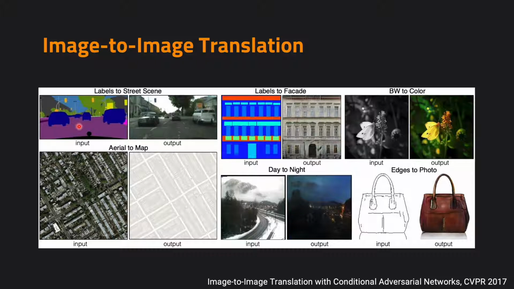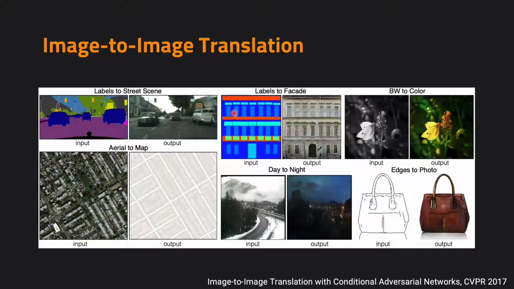You can imagine that this can be very useful for layout design. Say I want to have a car here, and then the network model will automatically synthesize a plausible picture based on my layout idea.